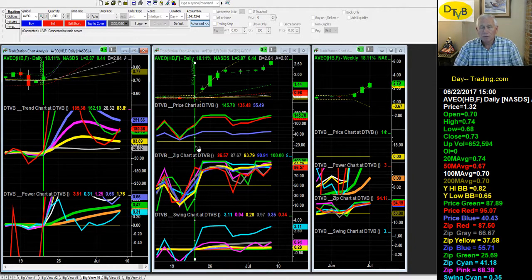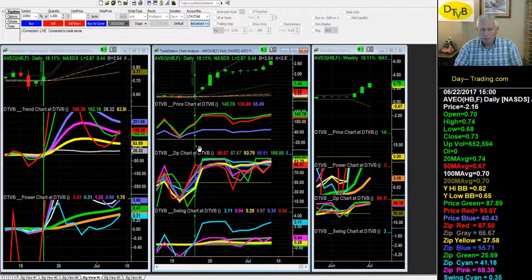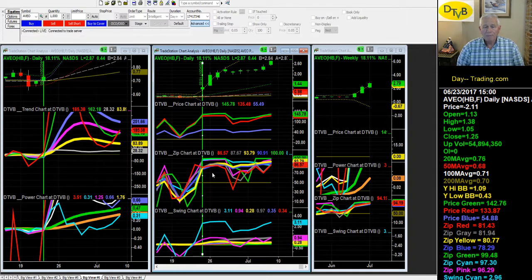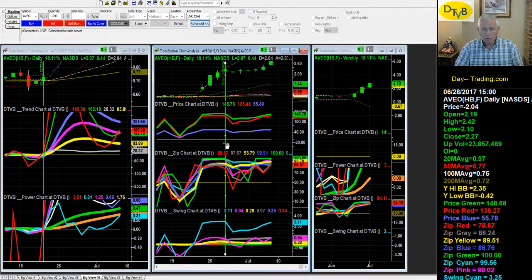The exception rule in the form of gaps up is when on this particular day right here, this would be the first day it gapped up, zip green went to 100. And so when that happens, as long as zip green stays at 100, and this is the last day over here, so there's the gap day plus 3 more days after that where zip green stayed at 100.